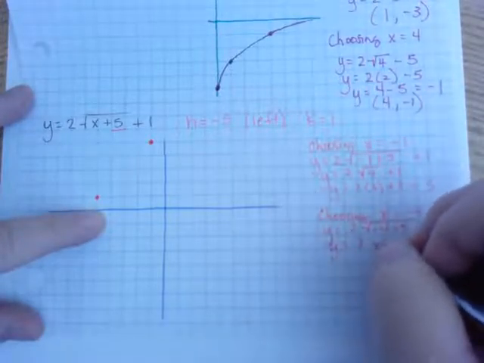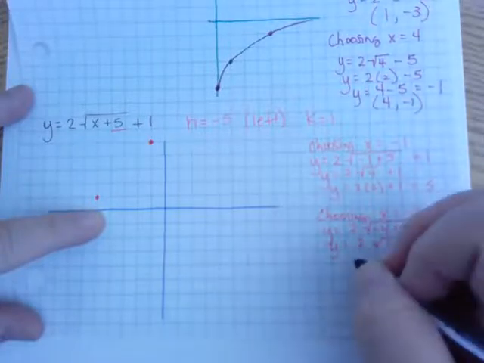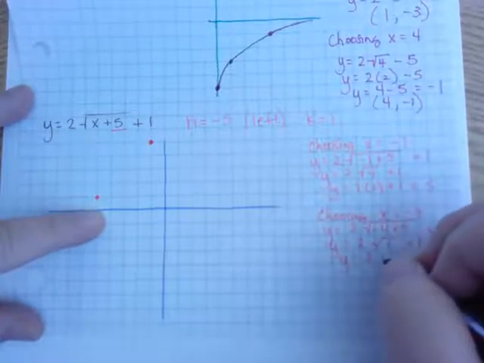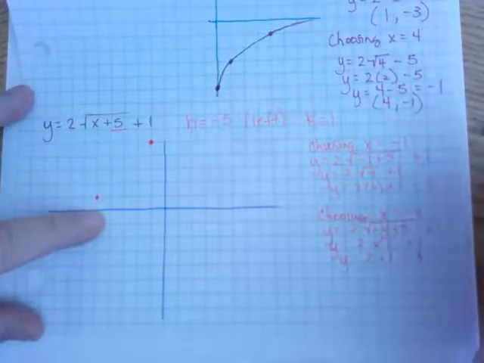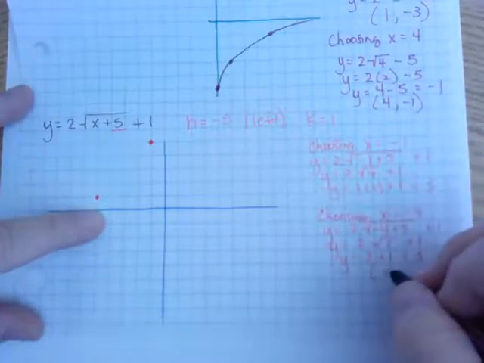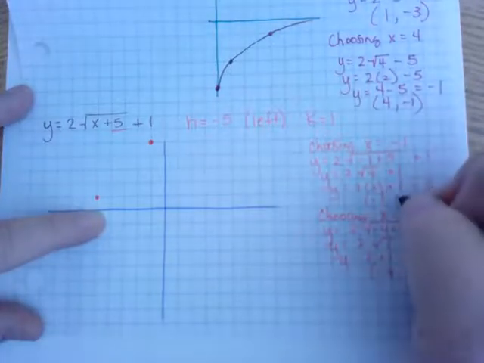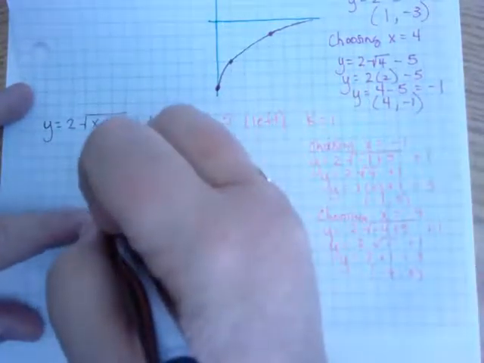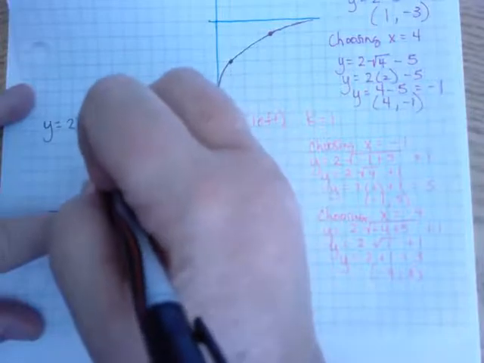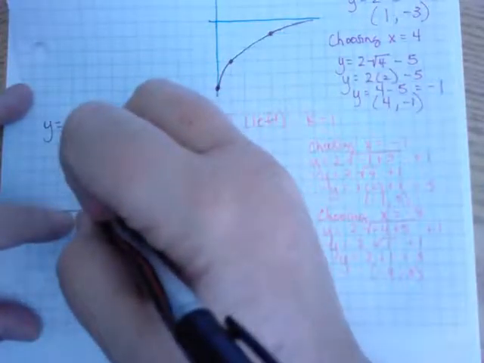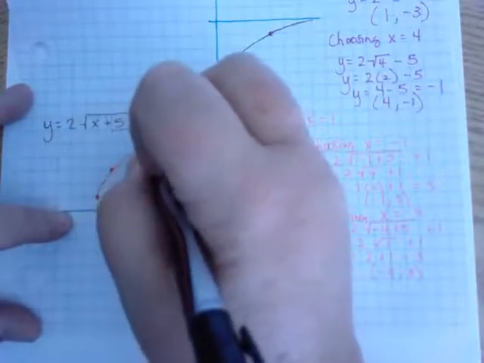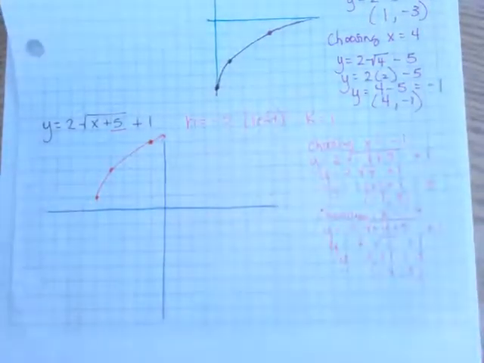Y equals 2 times the square root of 1 plus 1. Y equals 2 plus 1 equals 3. So I have the coordinate negative 4, 3. So negative 4, 1, 2, 3. And I start here and I'm drawing my curve. And it goes off that way.